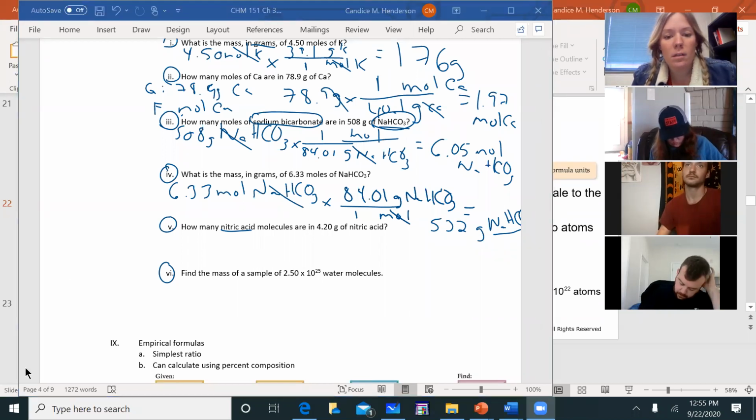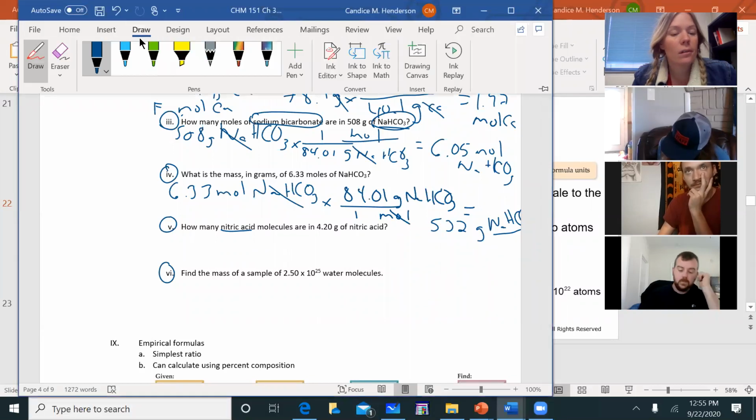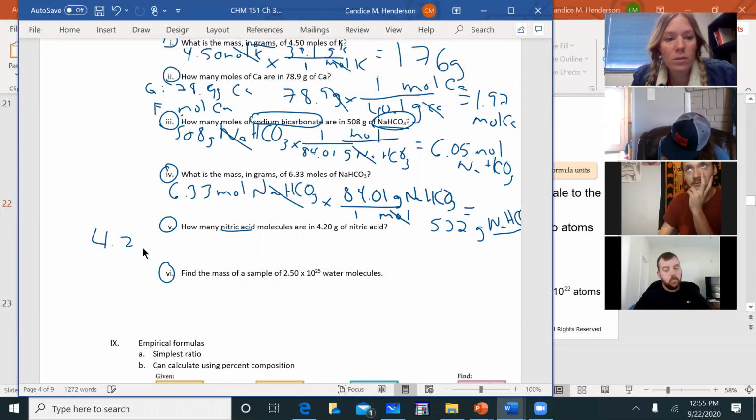All right, so first you need to figure out what nitric acid is, which is nitric. So ic comes from ate. So it would be nitrate with a hydrogen. All right, so we have 4.20 grams of HNO3.